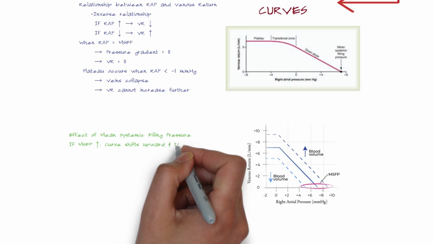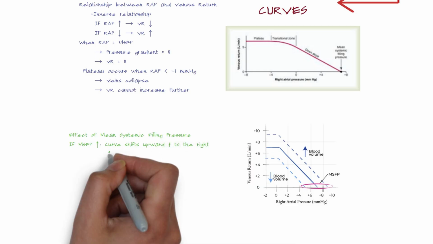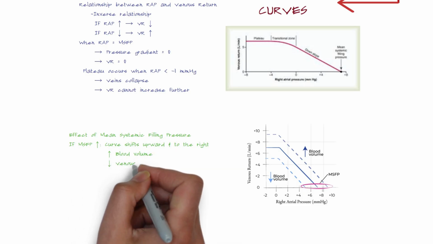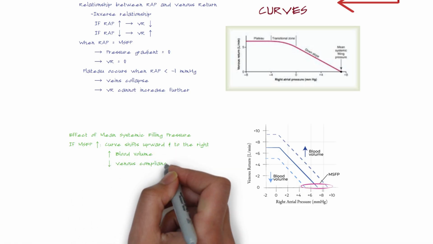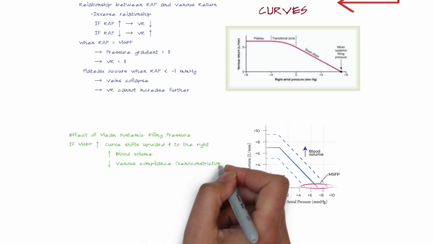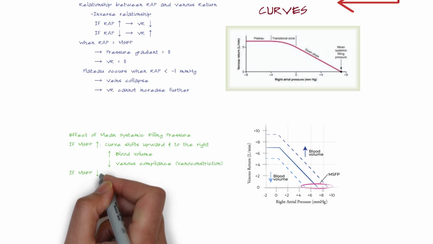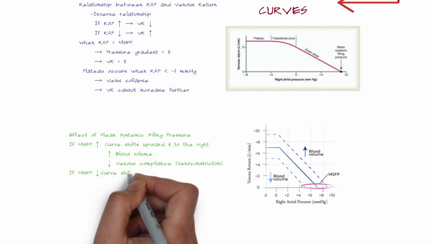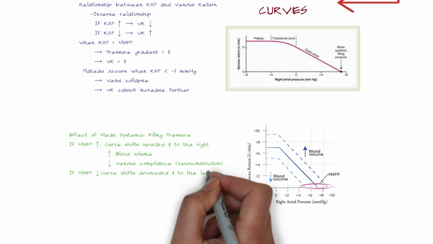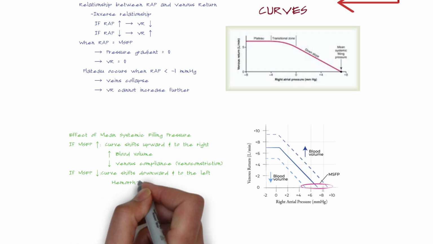Remember, always when the intersection point moves, this means that the mean systemic filling pressure has changed. And this is important to determine that the curve is changed due to a change in mean systemic filling pressure. Just look at the intersection point.